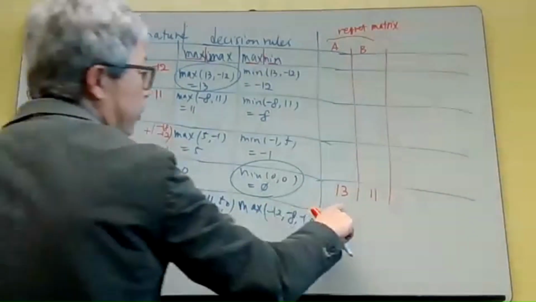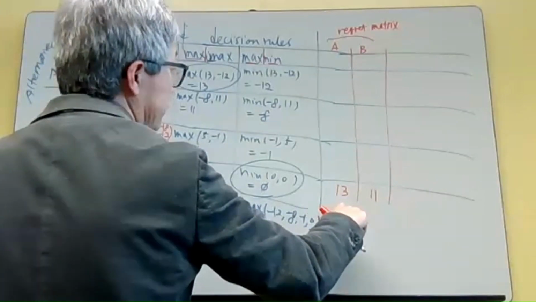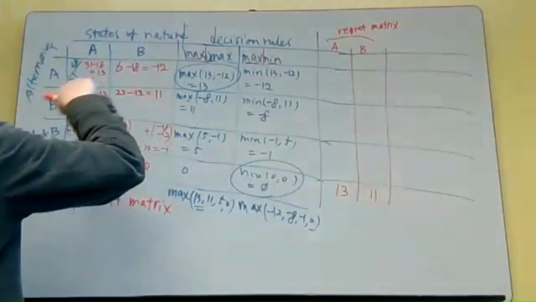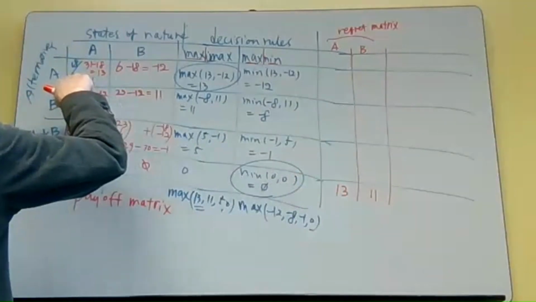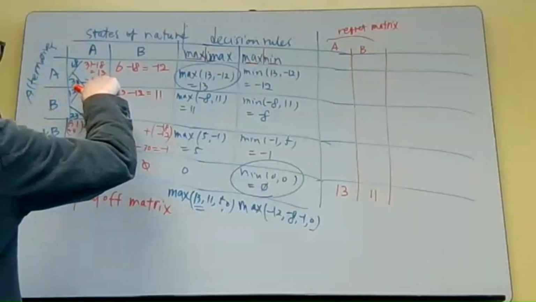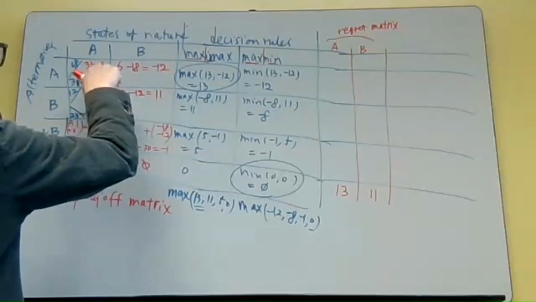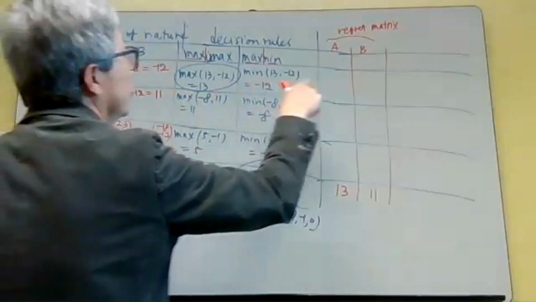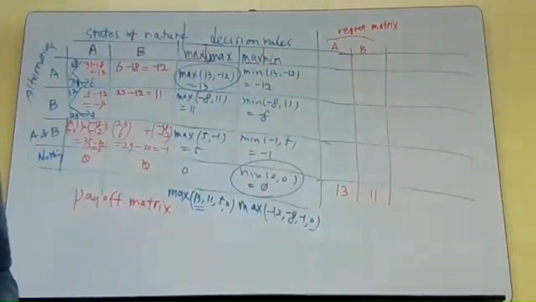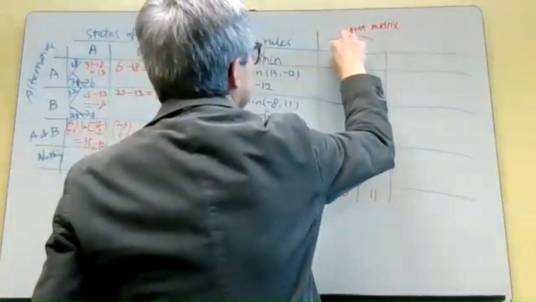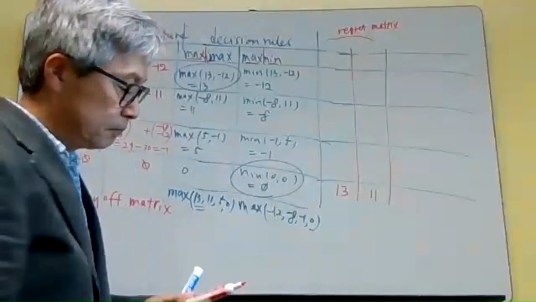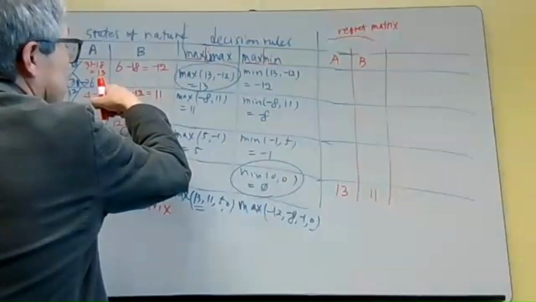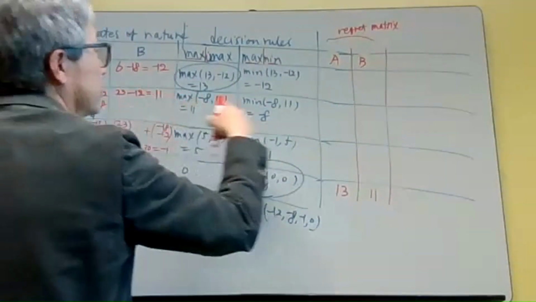So if you choose a parcel in location A, your payoff under that same state of nature is 13, so actually you have nothing to regret.